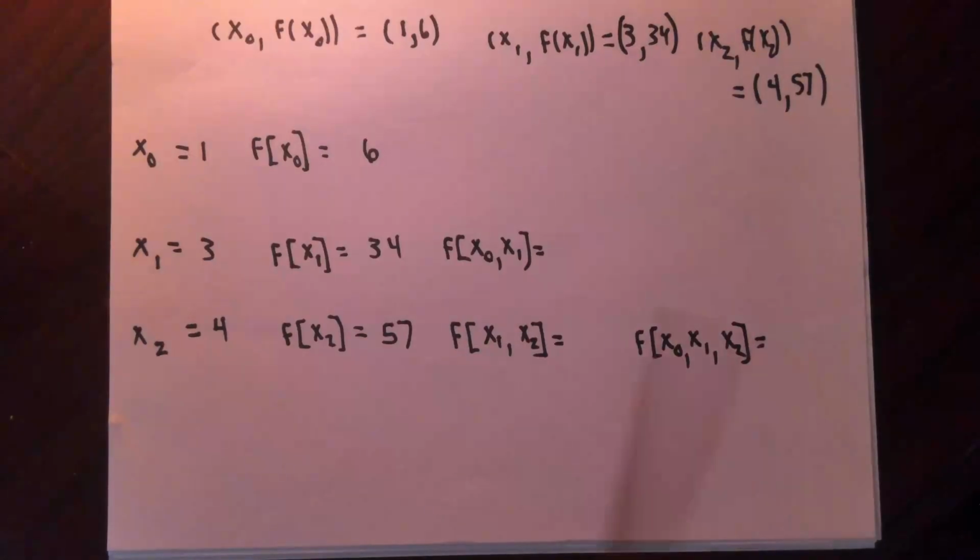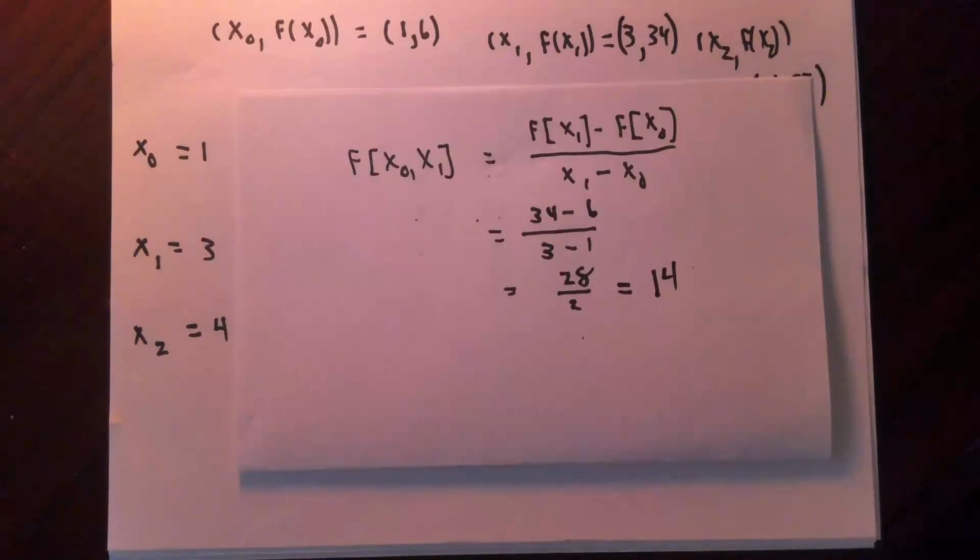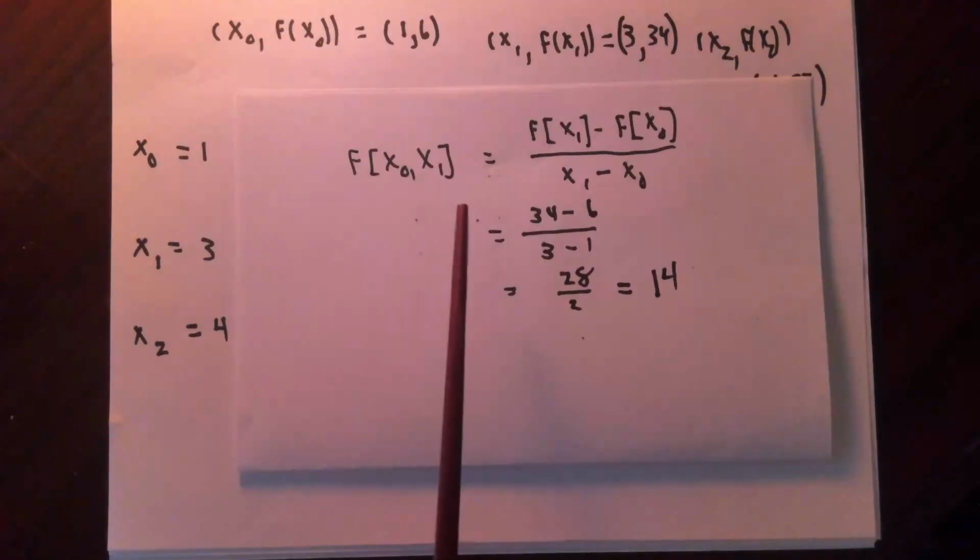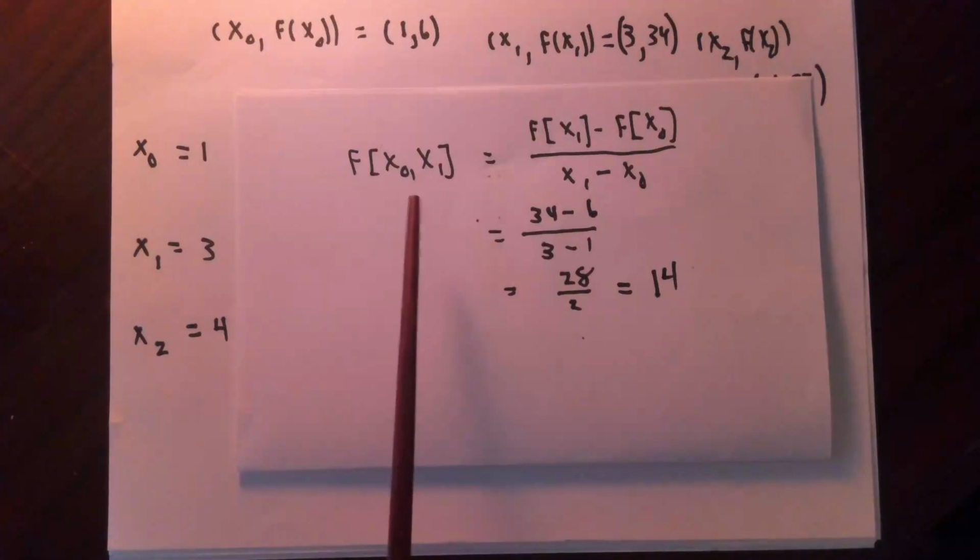So all we have to do is calculate three numbers. If it doesn't cost us much effort to do it, this will be excellent. I'll calculate f[x0, x1]. This is a divided difference based on two of the x numbers, which means in my reduction formula, I need to know two divided differences, one based on the larger of the two indexes, 1, and the other the smaller of the two indexes.